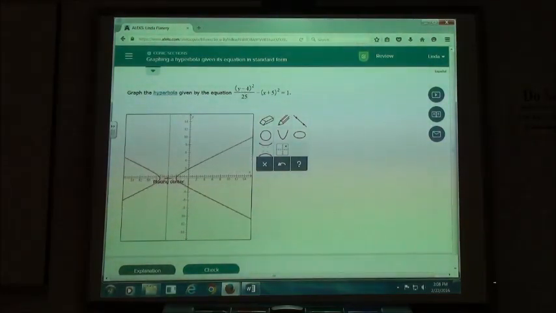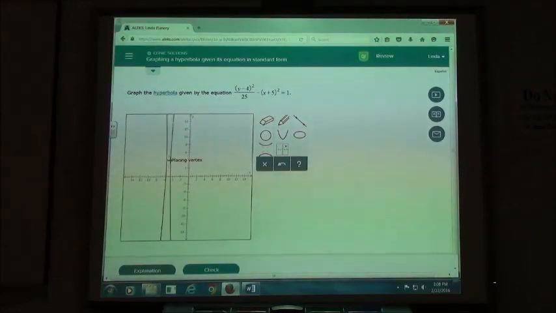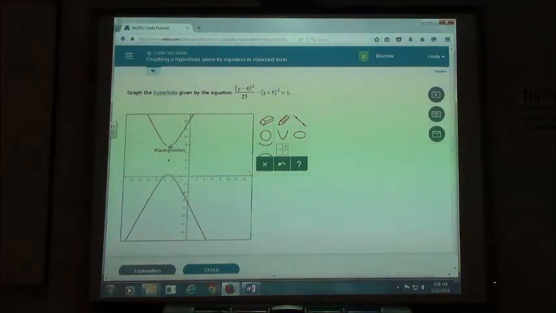So -5, +4 would be right there. Again, just move it over to the edge so you can see you were at -5, +4. Now I'm going to do my y first. So to place my vertex, the square root of 25 is 5, so I've got to go up 5: 1, 2, 3, 4, 5. I was at 4, should be at 9.